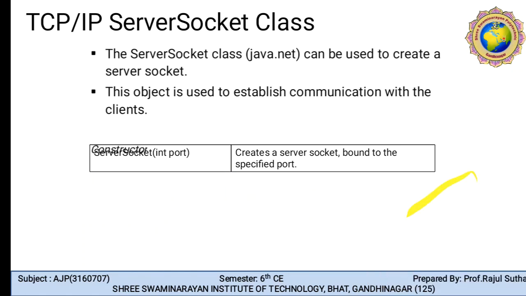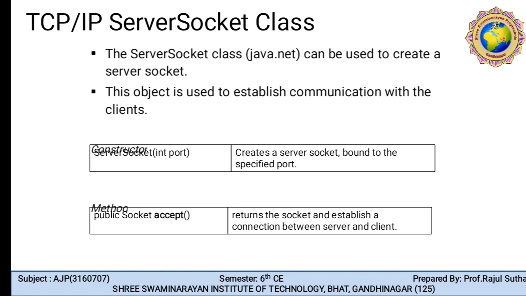Here is the method used for connecting the client. The public Socket accept() method returns the socket and establishes the connection between server and client. If we want a connection between server and client, this method is useful.